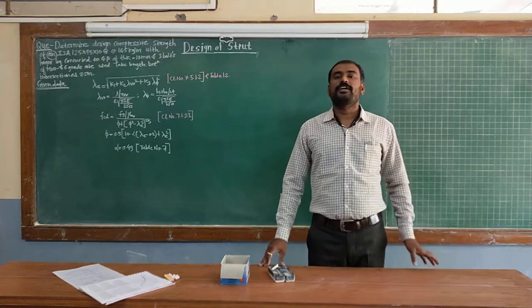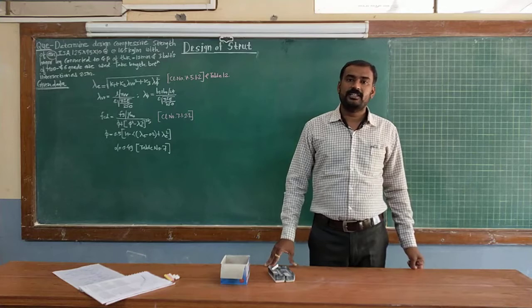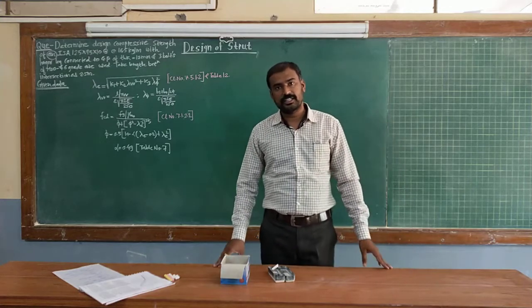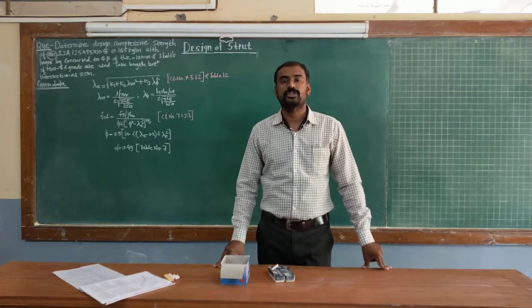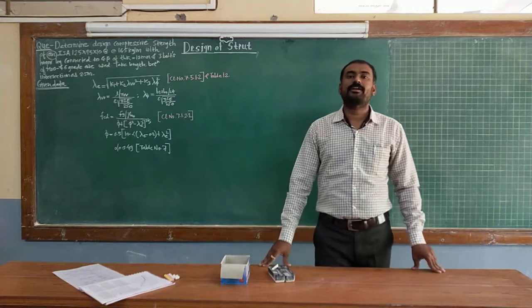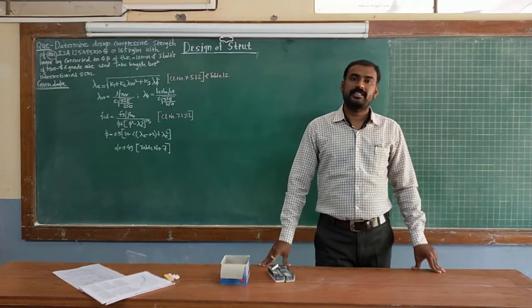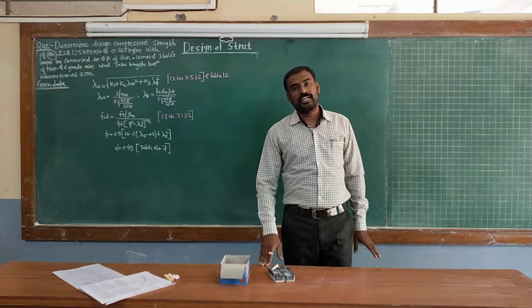Likewise, effective length and radius of gyration are the two parameters generally considered for calculating the slenderness ratio. Slenderness ratio is given as lambda, and lambda equals effective length divided by radius of gyration.